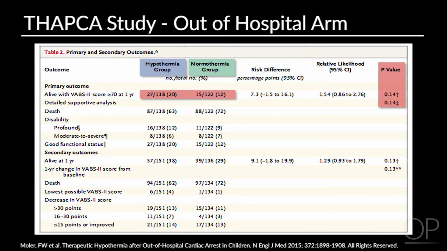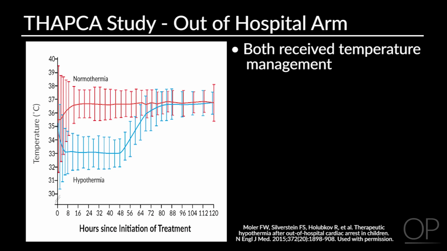In interpreting this data, we must keep in mind that both arms of this study received an active intervention in the form of temperature management. That is, children randomized to the normothermia group received cooling interventions to target their core temperature to 36.8 degrees Celsius, with a range of 36 to 37.5 degrees Celsius.